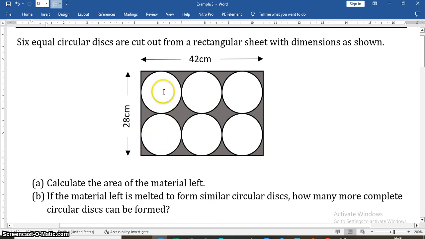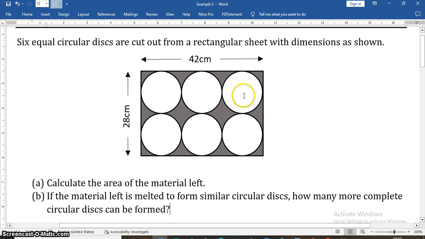You would see 2 circles together form 28 centimeter, which means a circle is simply obtained by dividing 28 by 2. That would give you 14. Oh, Mr. Matthew, how about this? Would it give us the same? Let's see.